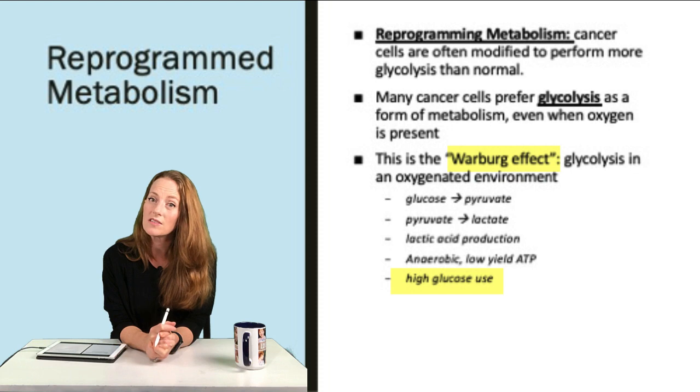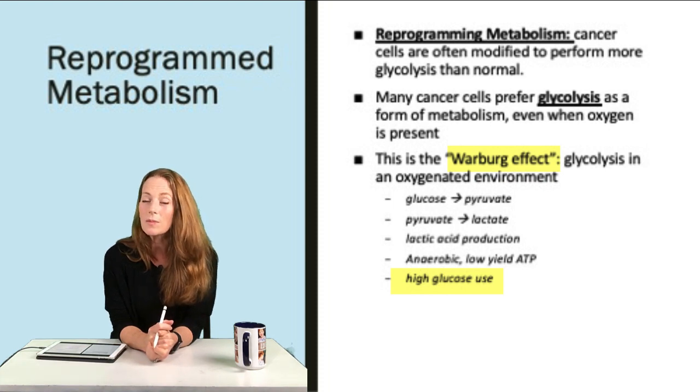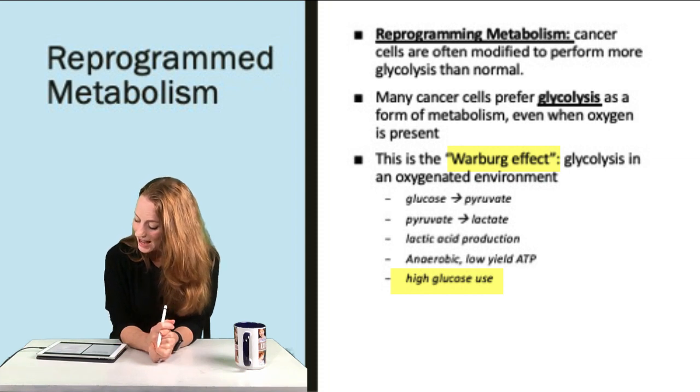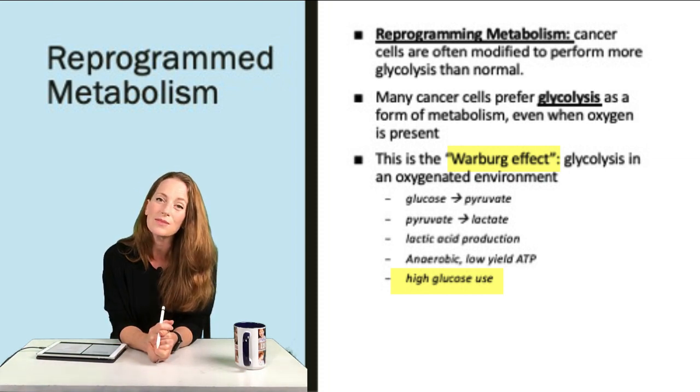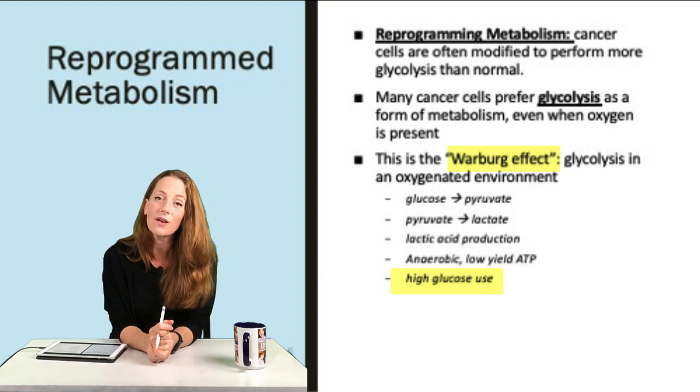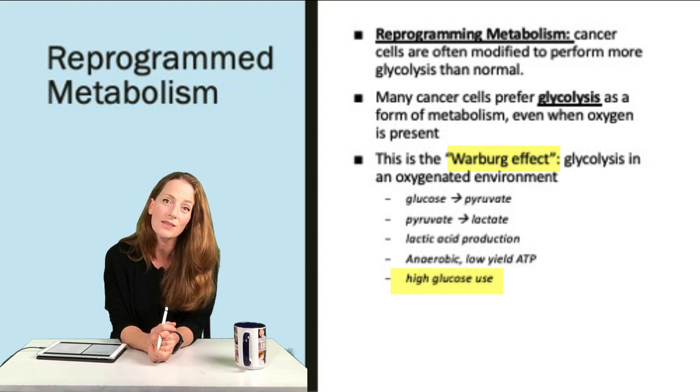For example, changes in the GLUT1 transporter to have high glucose utilization. So cancer cells will be using glycolysis and the lactic acid production that comes from that to make ATP. So they have a different way of metabolizing than the normal cells around them.